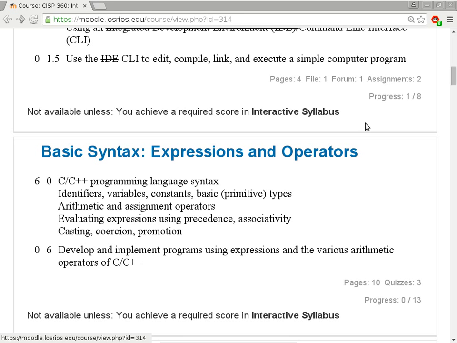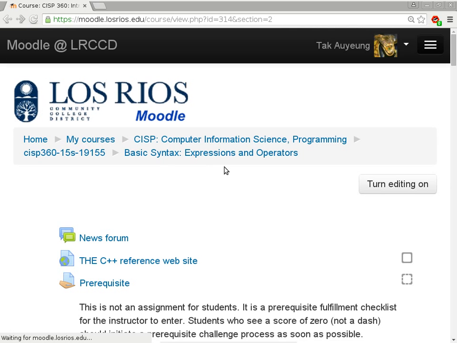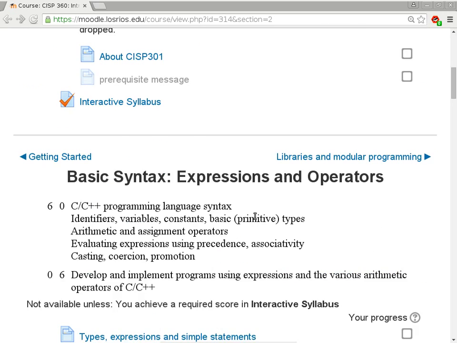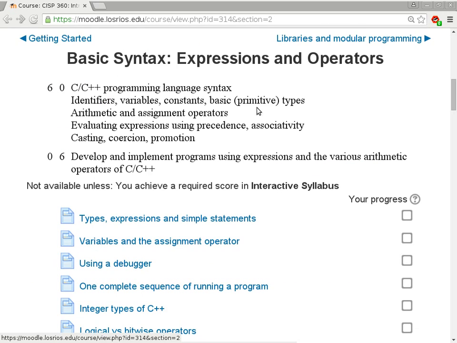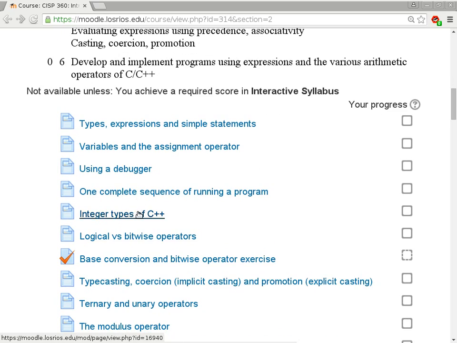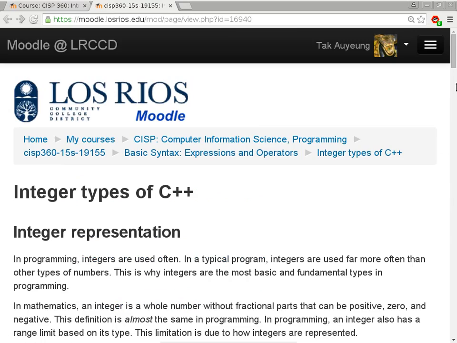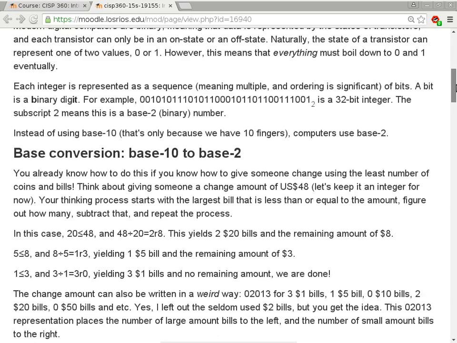We'll start with logical operators, and then continue on to bitwise operators. We are still on basic syntax, expressions and operators. Last time we were talking about integer types, so we'll go back to this particular slide, start with that one, and then move forward with the other stuff.